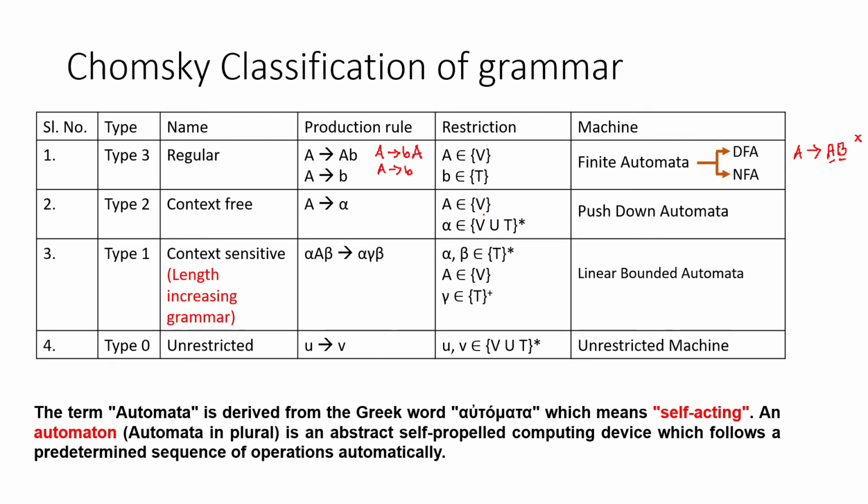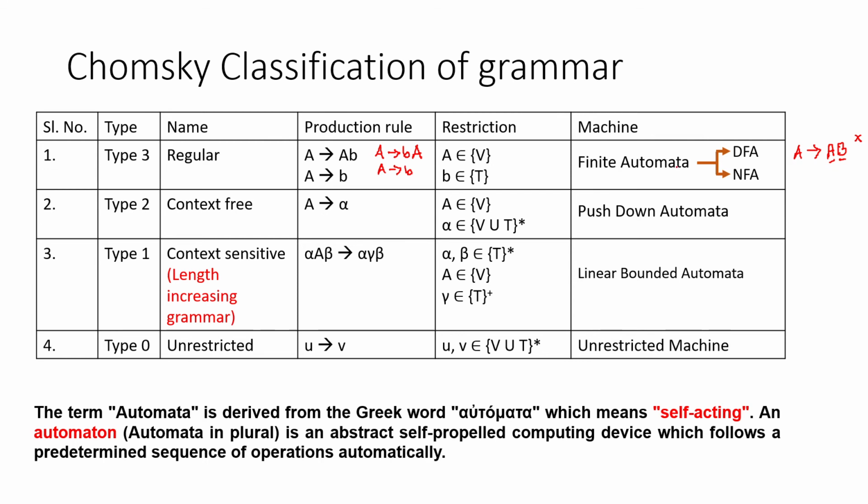So we can say this particular (V union T) whole star signifies any combination of terminal and non-terminal. That means this particular production rule, which was not correct under the regular language concept, is correct with respect to context free grammar.